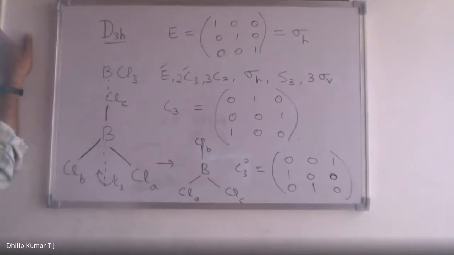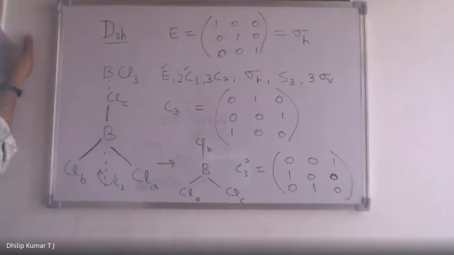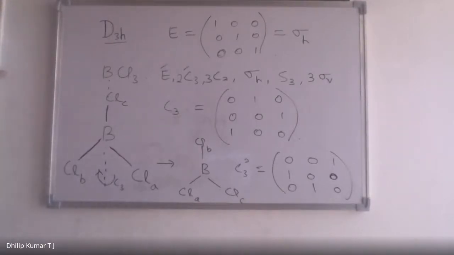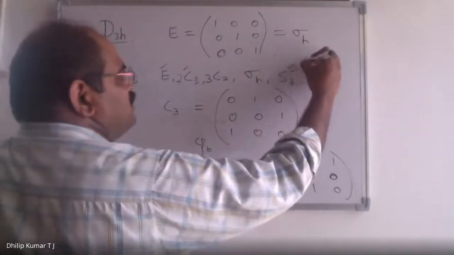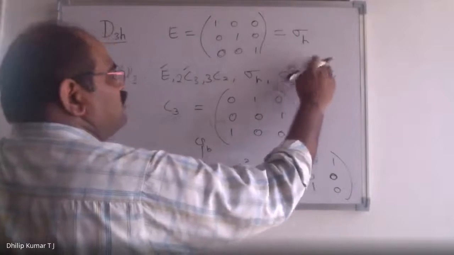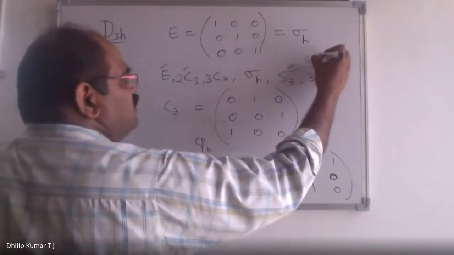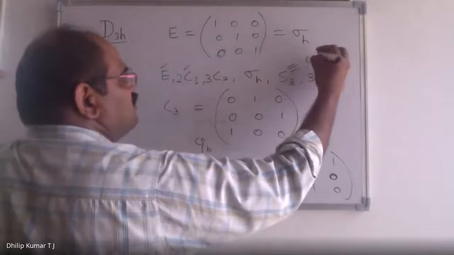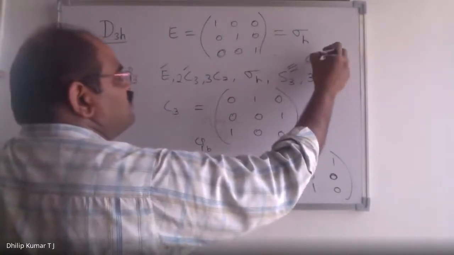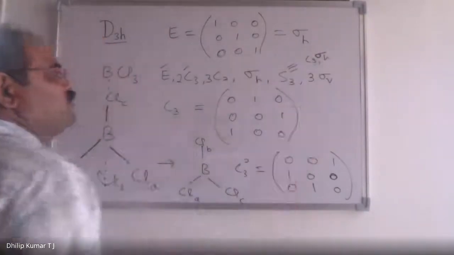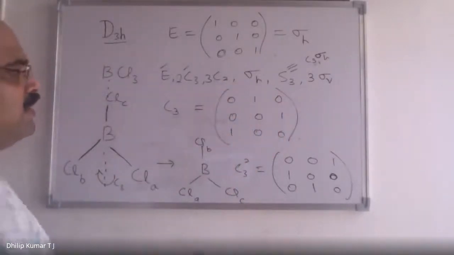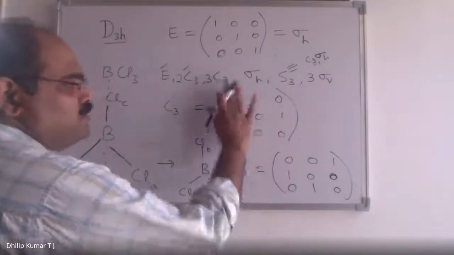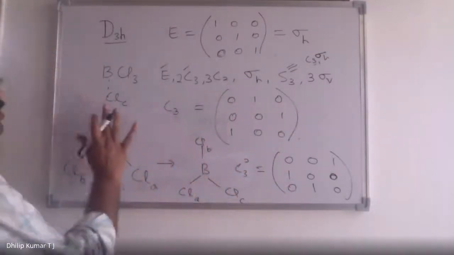S3 also we can write. S3 is what? C3 followed by sigma H. So there are two operations involved, C3 and sigma H. When you perform C3, you get this matrix, and then after this you perform sigma H. It is not going to change, because if you perform sigma H, you are placing the mirror on top of it.